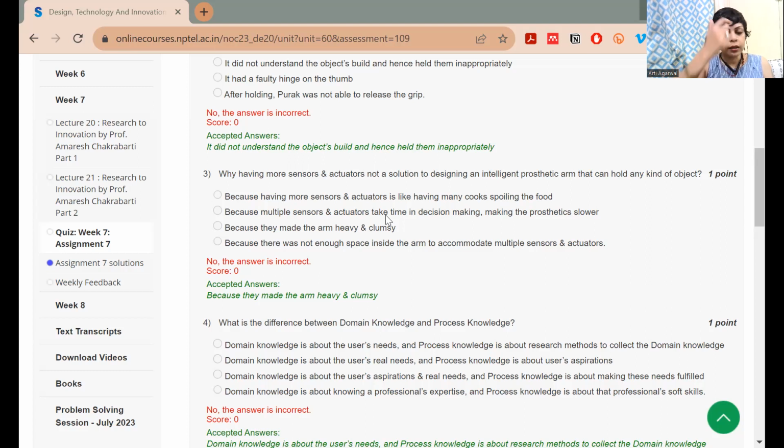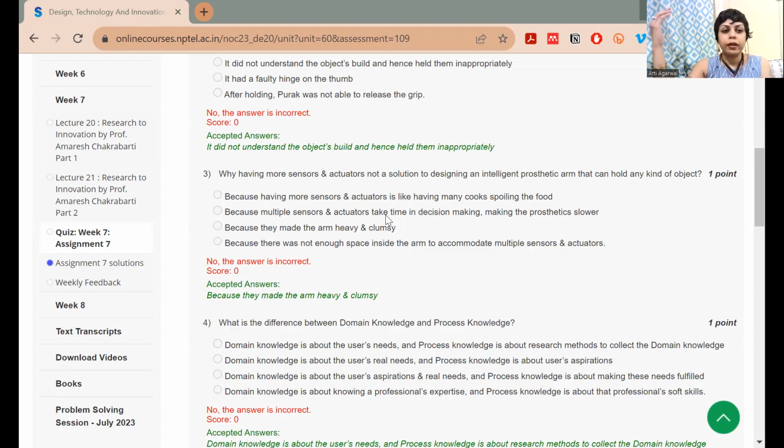Now, the answer is, of course, that it made the arm heavy and clumsy. The difference between designing any everyday use product or any machine, versus designing a prosthetic arm in this case, is that there is a limitation on how much stuff you can add to it.